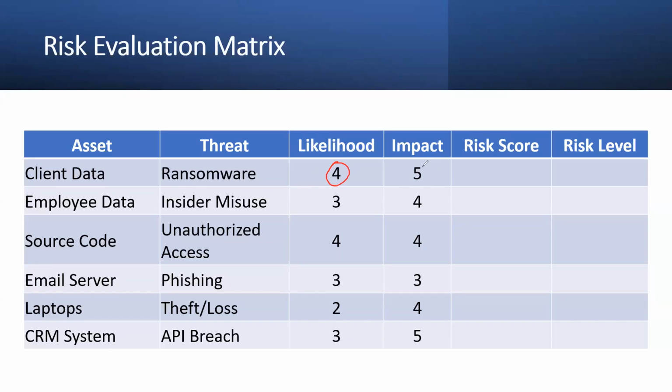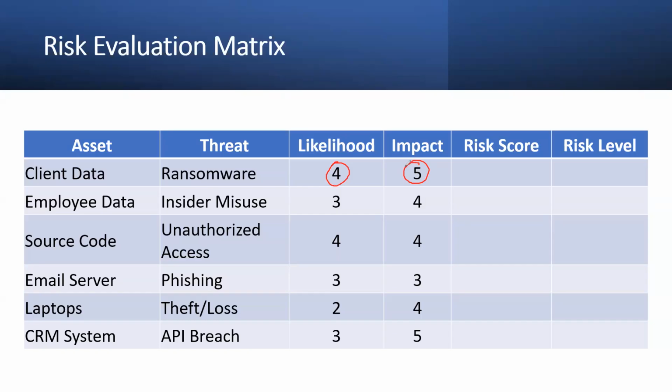The impact will be very serious, so we kept it as 5. This is very critical. It sits on my top priority level, which requires very immediate and aggressive mitigation.